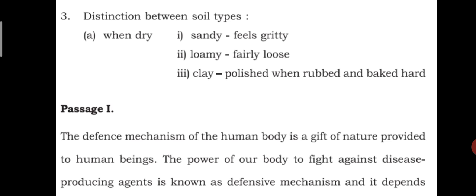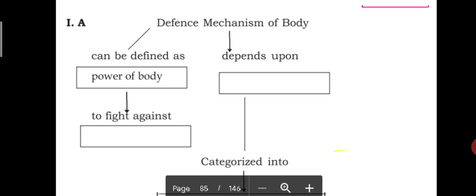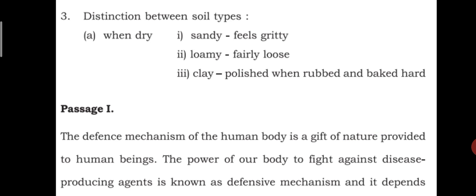If you have not understood, let's go through this paragraph once again, and also let us try to answer the questions that are given. The first question that has been given to you is: the defense mechanism of the body can be defined as, and depends upon. Where is that answer? The defense mechanism of the human body is a gift of nature provided to human beings.